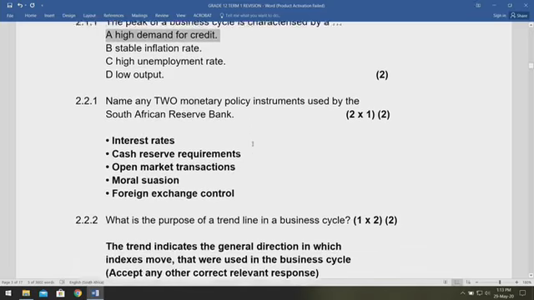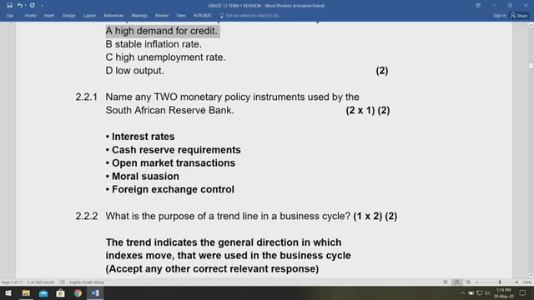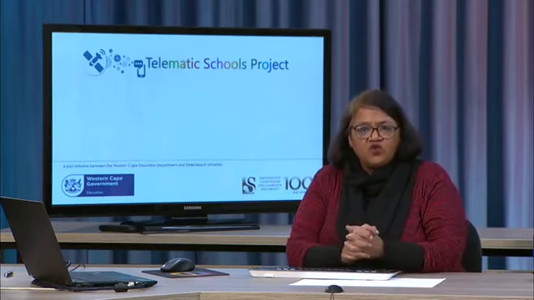Right, 2.2.1, name any two monetary policy instruments used by the South African Reserve Bank. Now, this is also something that causes a lot of confusion with learners. Learners become very confused when you speak about monetary and fiscal policy. They're always confusing the two concepts.